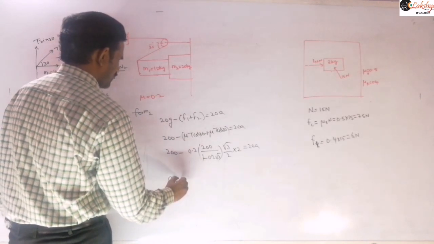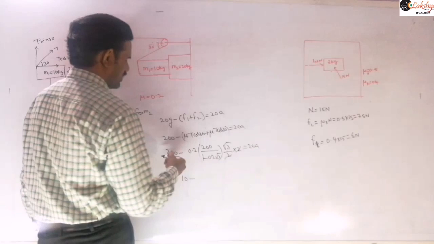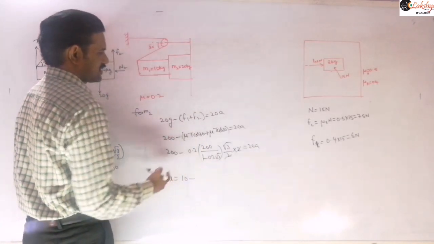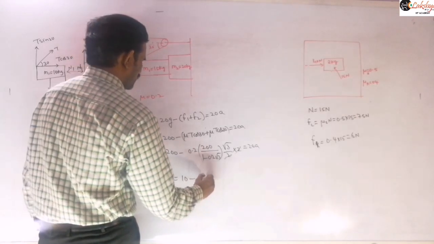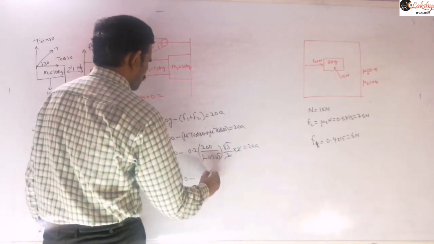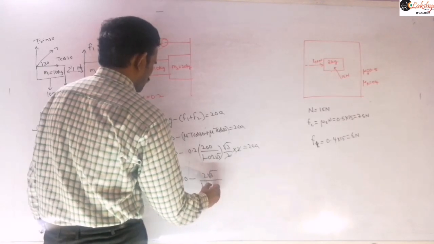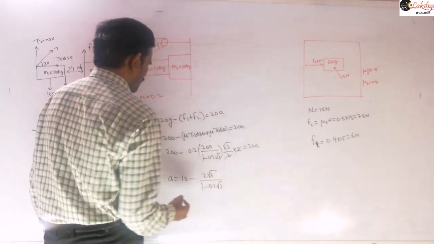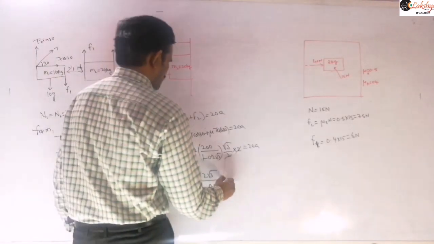So this 10 minus this 2 you can cancel, and I am dividing by 20 here. So here you will get 10, and 10 into 0.2 means you will get 2. So 2 root 3 by 1 minus 0.2 into root 3. Take the LCM and further simplify.